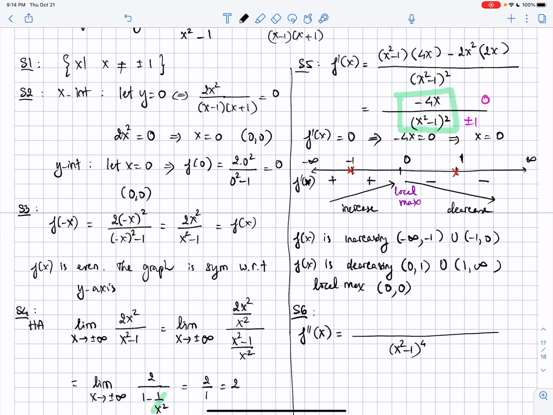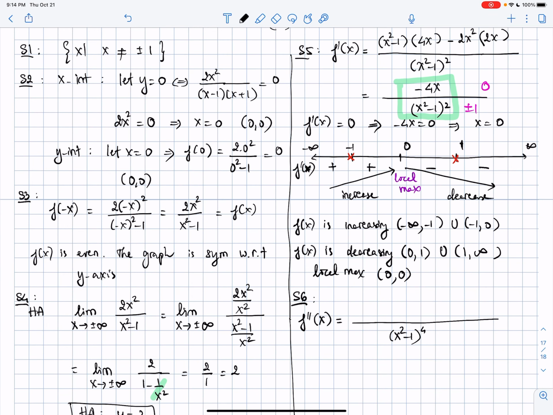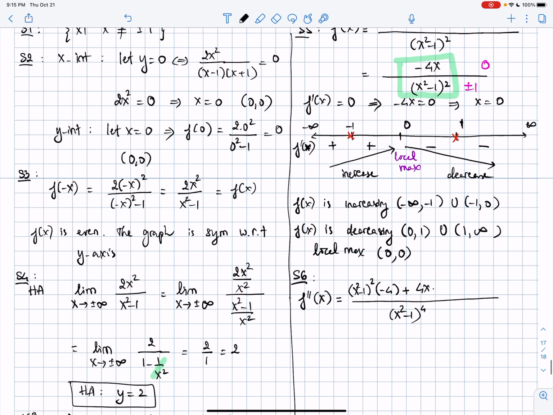Now we take one more derivative. So we will get x squared minus 1 squared times negative 4 plus 4x. We use the chain rule. So we got 2 because of the squared. x squared minus 1 exponent is 1 because 2 minus 1. And then the u prime, so that will be 2x.